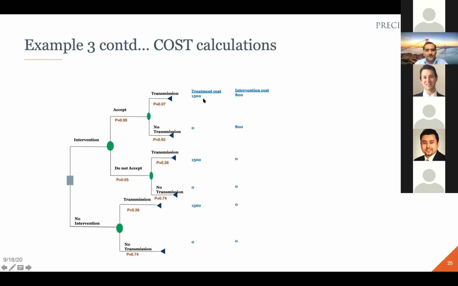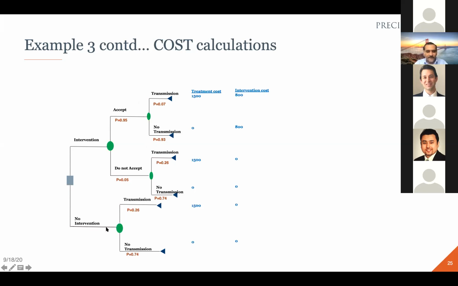So what is the cost associated with it? In each branch, you write the cost. There's a treatment cost and an intervention cost for the people who have accepted the intervention and still get the disease. So that's this arm. And not getting the disease with acceptance is this one, for example.